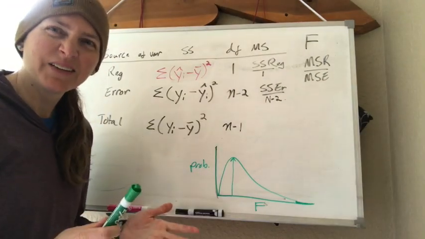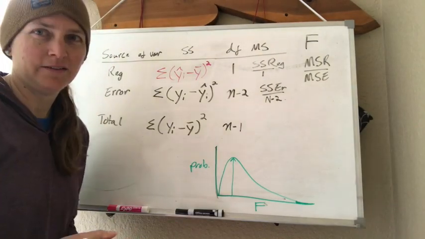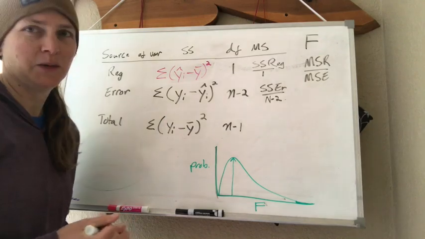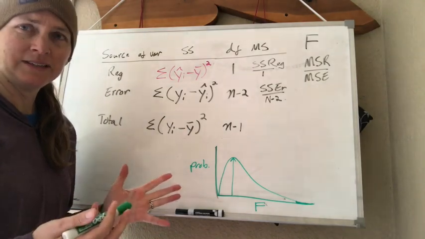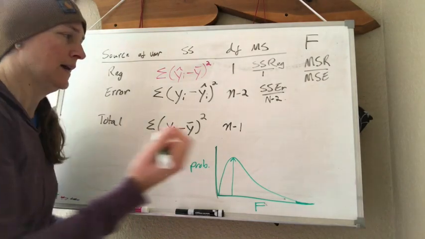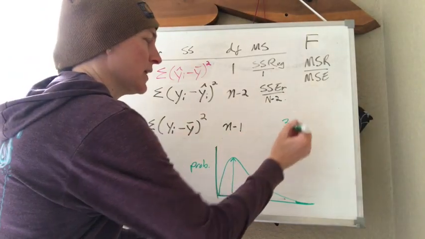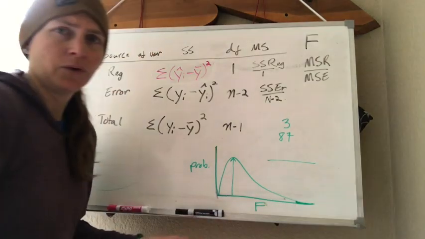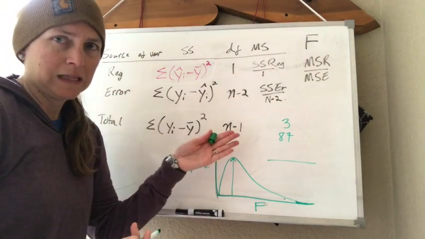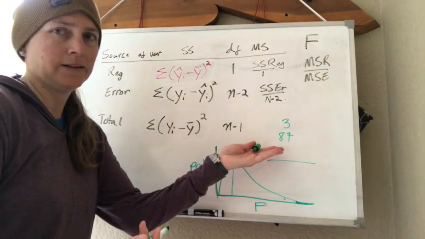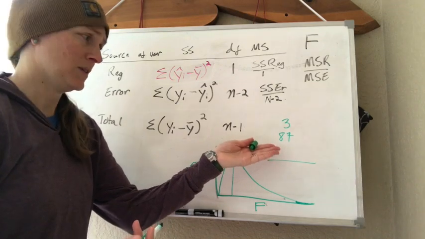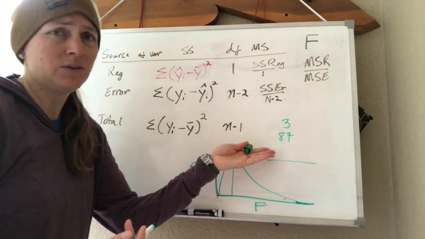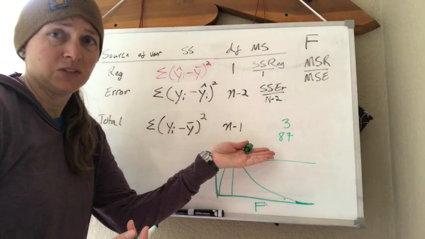Okay, so let's think a little bit more about degrees of freedom because they're kind of a confusing topic. I like to think about it this way. So consider we have a set of numbers. I'm just going to say I have a 3, I have an 87, and I have one more number. Now, if I don't know anything about this set, this last number could be anything. It could be 0, it could be negative 2,000, it could be 152, right?